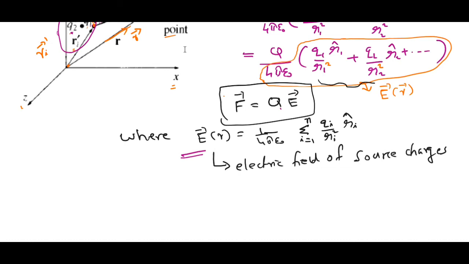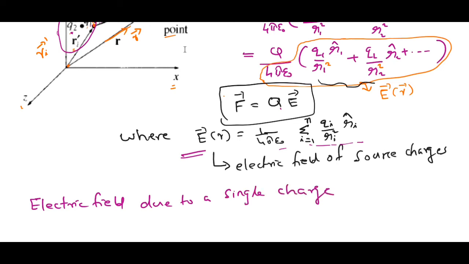Then if this is an electric field due to a large number of source charges, what will be the expression for a single charge? The electric field due to a single charge can be written as E equal to 1 by 4 pi epsilon 0, here no need of summation, Q divided by R square R cap.